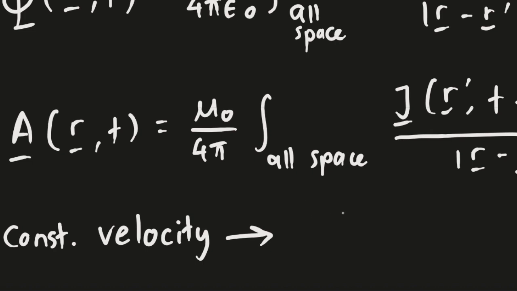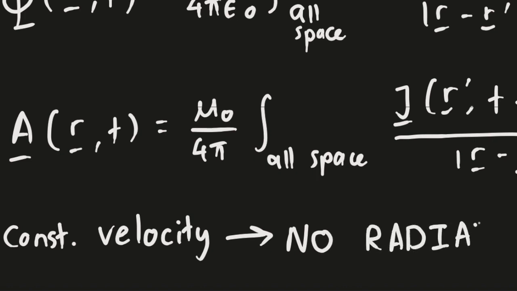So if you can't have radiation in the rest frame of the charge, then you can't have radiation. When we talk about radiation, we're only interested in accelerating charges. There are some slight subtleties there, but for now that's sufficient. At constant velocity there is Cherenkov radiation, but that will not be covered today.